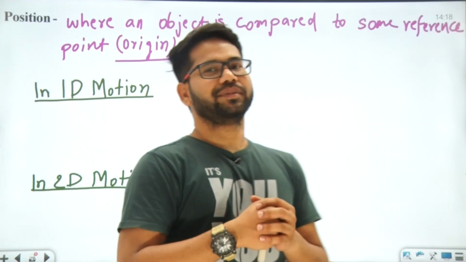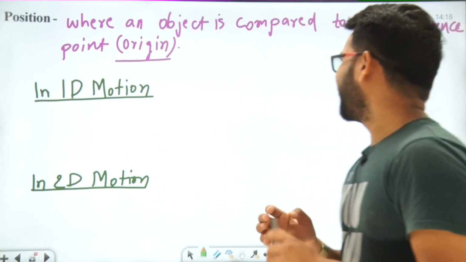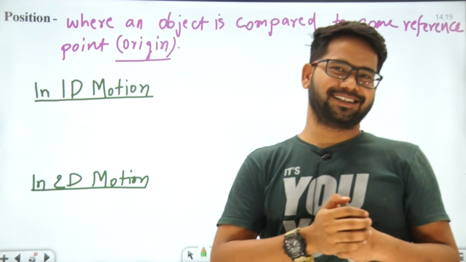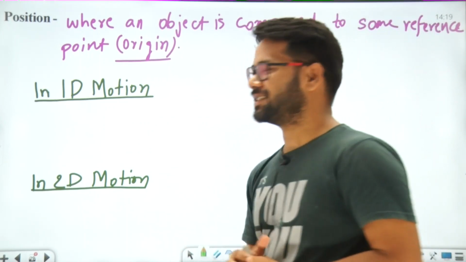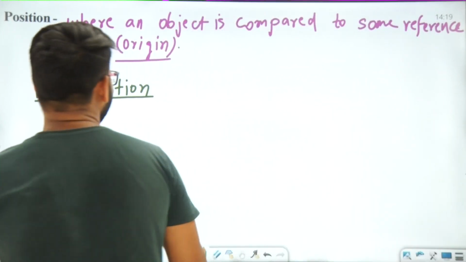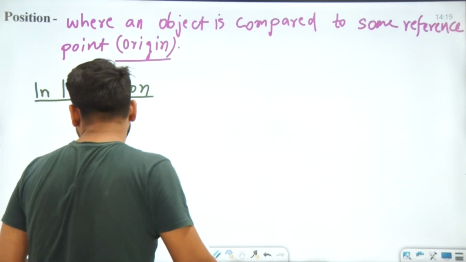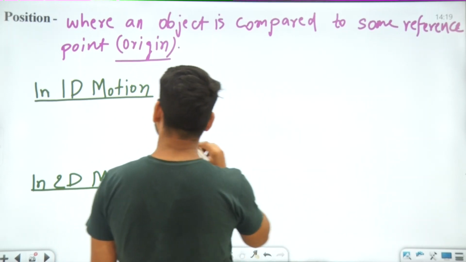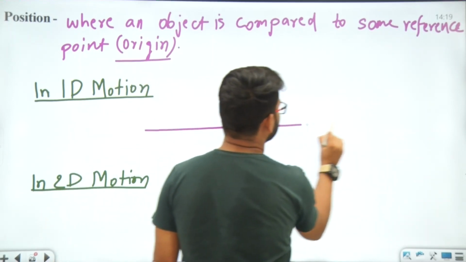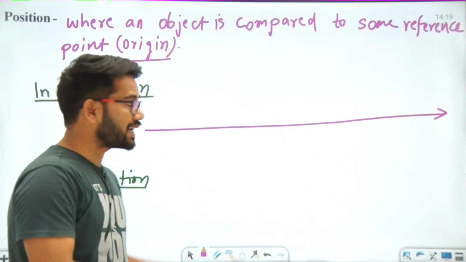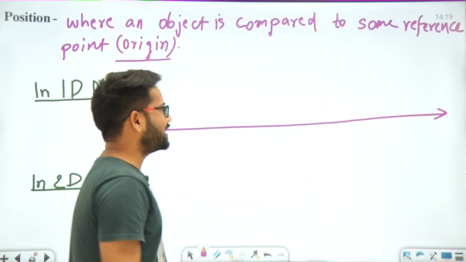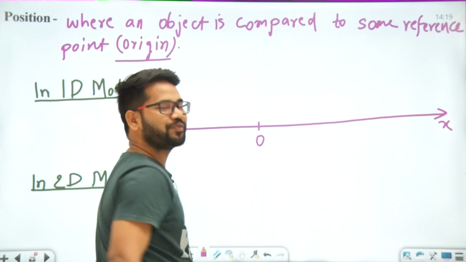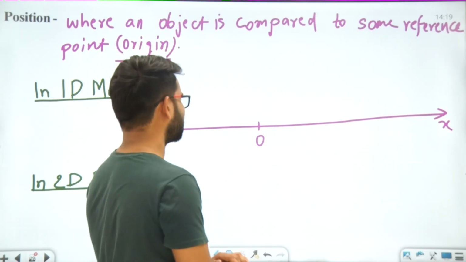Our next term is, students, position, where an object is compared to some reference point. That reference point is known as origin. Now, if we are talking about one-dimensional motion, that is motion along a straight line, we can take that path or a straight line as an x-axis, and on the x-axis, we can take some origin position, right?